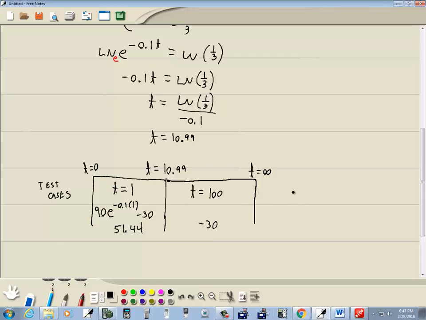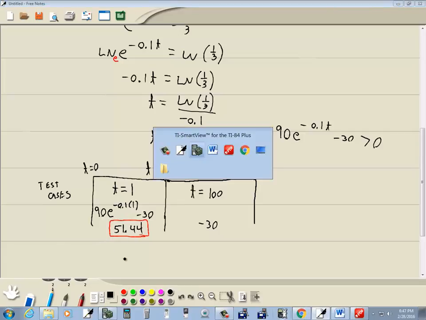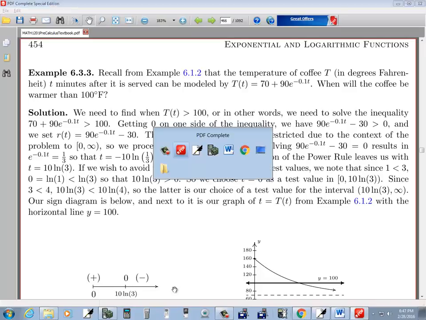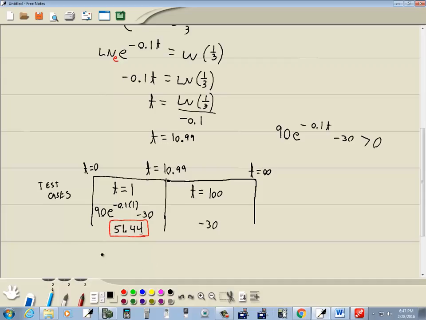Now what we're looking at is 90 e to the negative 0.1 t minus 30. We're wondering, when is it greater than 0? Well, if you look where it's greater than 0, it'd be right here. So in response to the question, when will the coffee be warmer than 100 degrees? That'll be from 0 minutes to approximately 11 minutes.